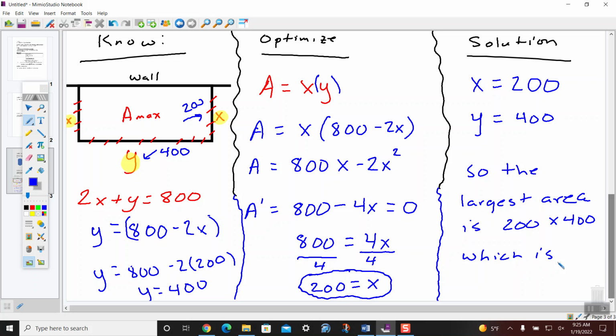Feet, which is 80,000 square feet. So if I give you 800 feet of fencing and say you have to make a rectangle, and you can use one side of a building to do that, the biggest area you can enclose in a rectangle would be what? 80,000 square feet, okay?